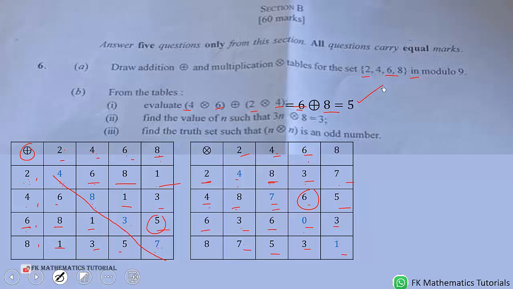Now let's come to the (ii). Find the value of n such that 3n ⊗ 8 is equal to 3. So you come to the table, you look for a number in the multiplication table that goes with 8 to give 3. So which number goes with 8 to give 3?